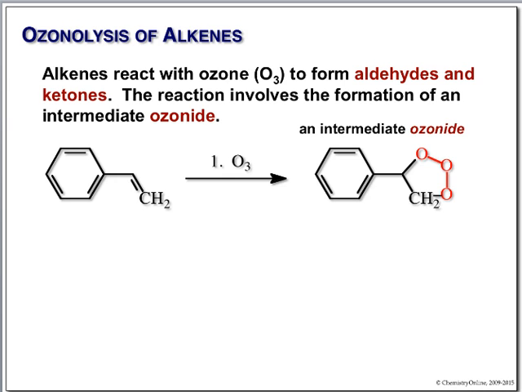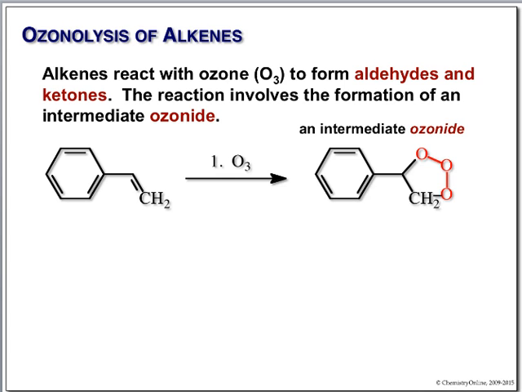Now, what have we done with so many things with our pi system? We just take and sit it down on top of the pi system, don't we? That's how you make the ozonide. O3 comes, sits, boom, all three oxygens attached to our carbons.